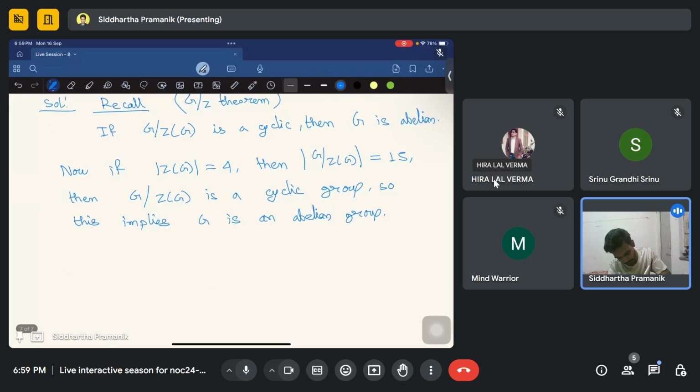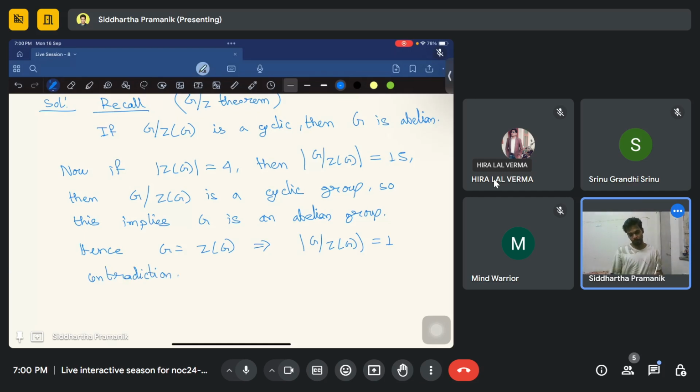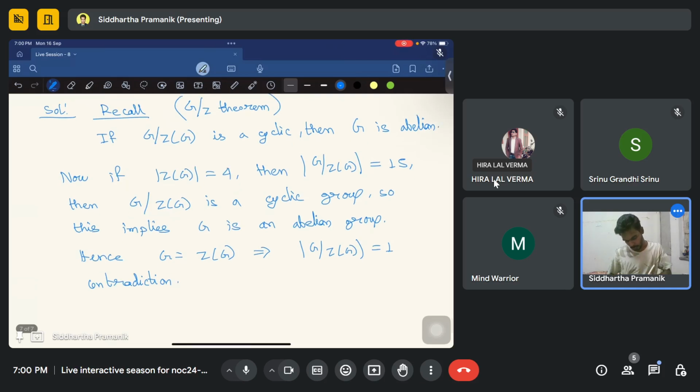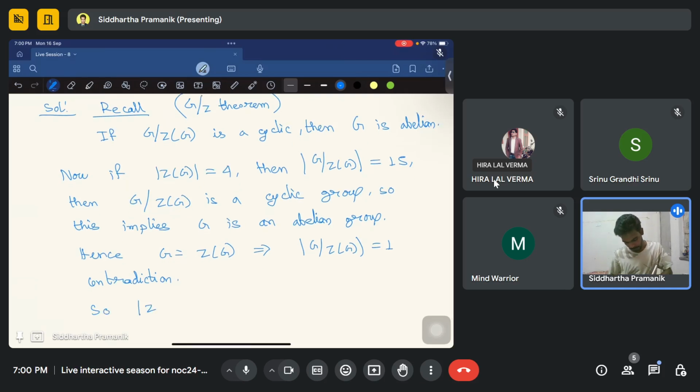And hence G equals ZG, and this will imply the order of G mod ZG is 1. So this is a contradiction. So the order of ZG cannot be equal to 4.